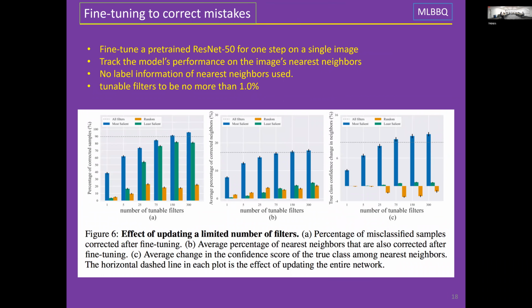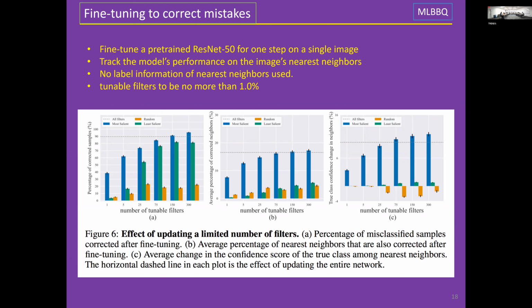Here they are trying to improve the model based on a single sample. For a particular sample, the model is making a wrong prediction, and they have identified some malfunctioning filters for that prediction, and for that single image they are conducting a gradient update step.